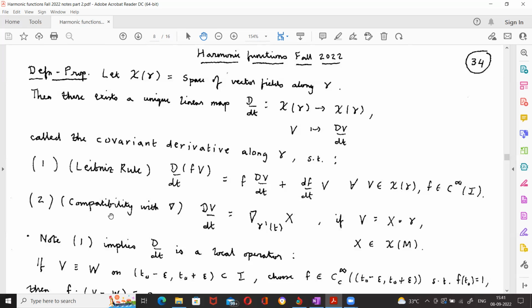And the main property which I need, which makes my covariant derivative unique, is the compatibility with the connection nabla: DV/dt, if V is of the form X composed with gamma, that means the restriction of a global vector field to my curve, is equal to just nabla sub gamma prime(t) of X. Remember, applied to vector fields, I can localize the connection to a tangent vector, so this nabla sub gamma prime(t) of X makes sense.